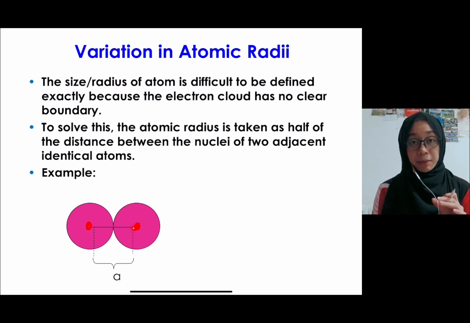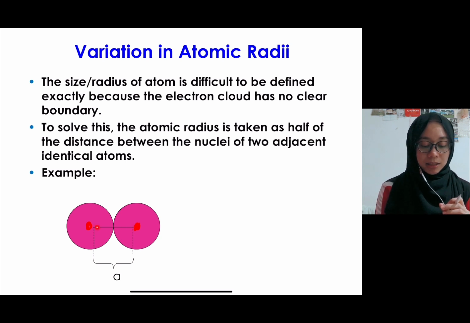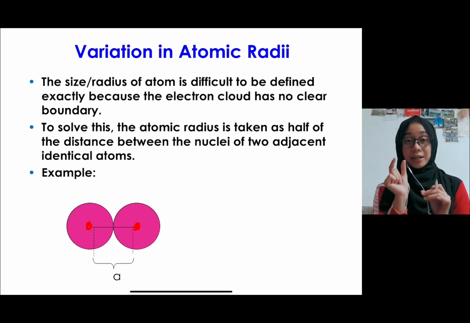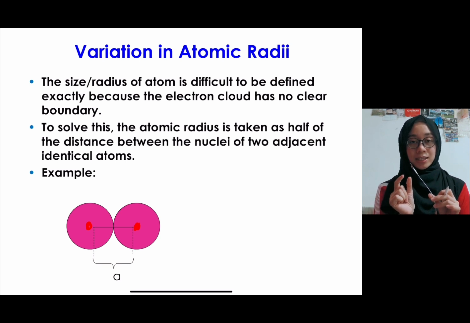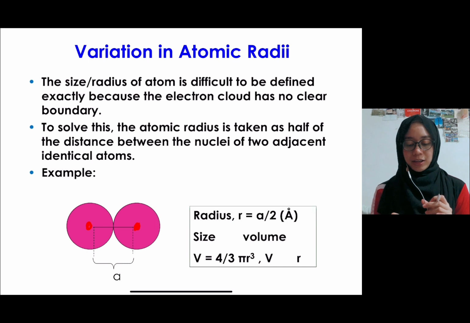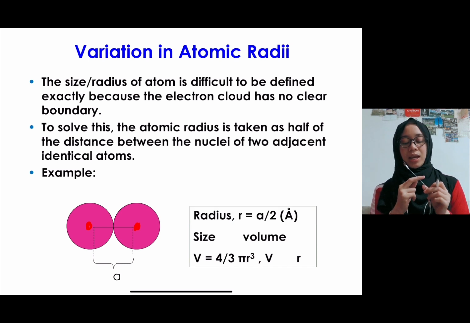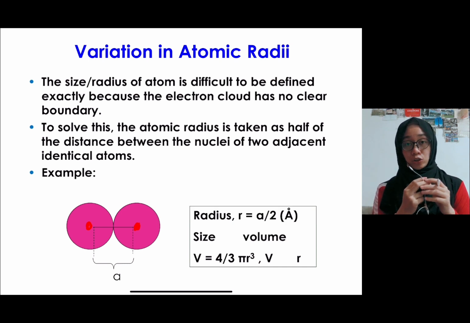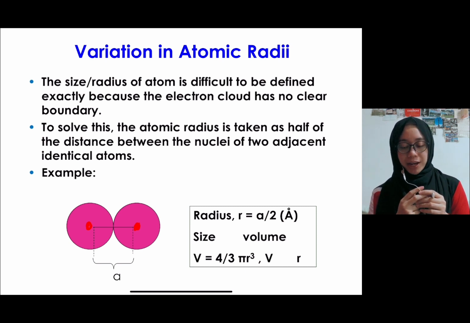Dia letak side by side lah, and then distance tu nanti itu yang dipanggil sebagai A. So kita nak cari radius je kan, so radius kita bahagi dua ajak lah. Okay, so the radius is equals to A divided by 2 angstrom. So angstrom ni adalah unit of length. If I'm mistaken, it is exponent negative 10 value dia sebenarnya.